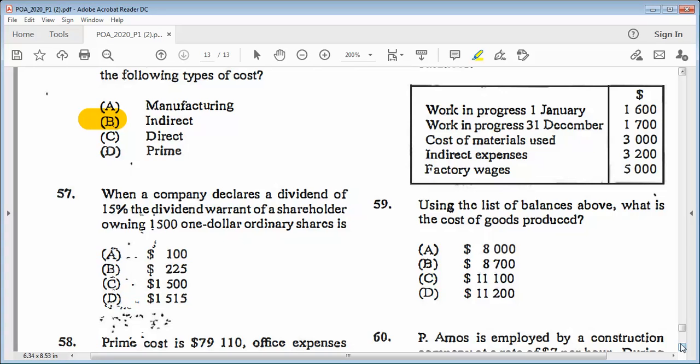So when you find 15% of $1,500, we get $225. So our answer is B. Let's go on to 58.